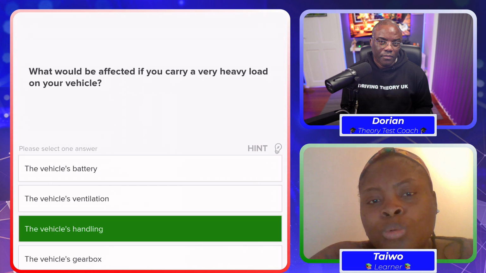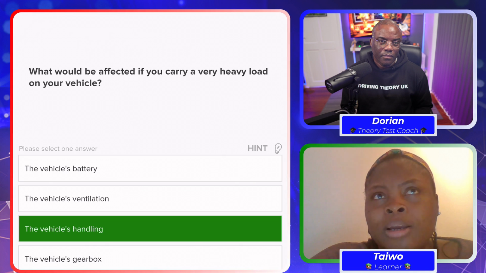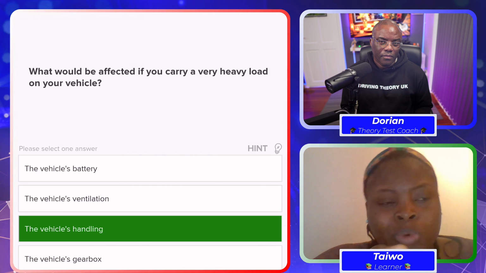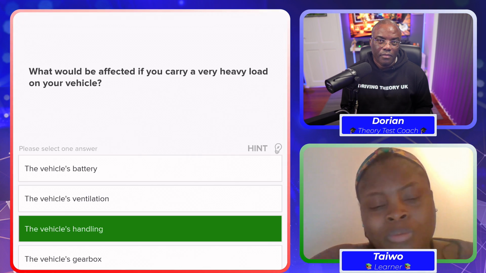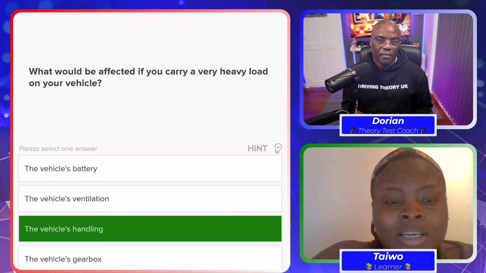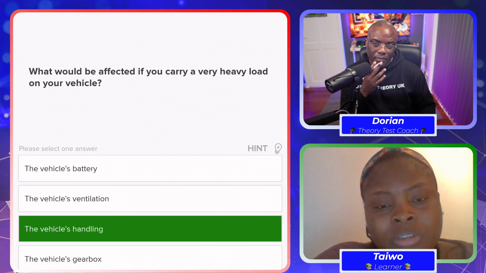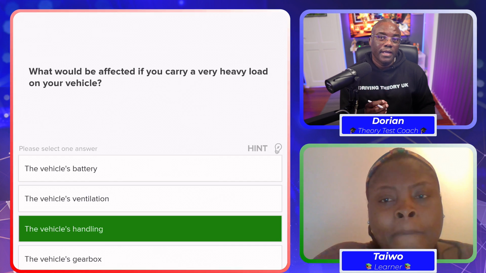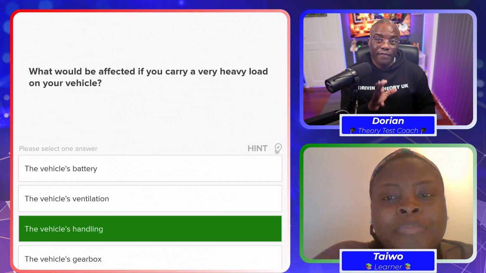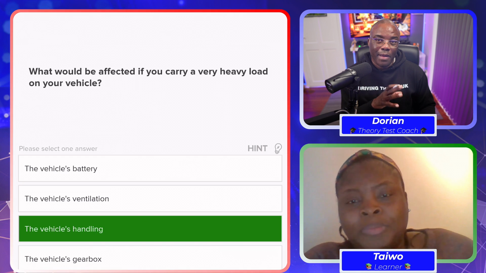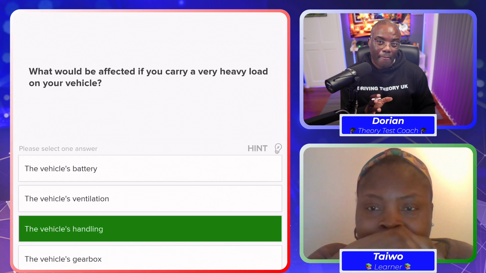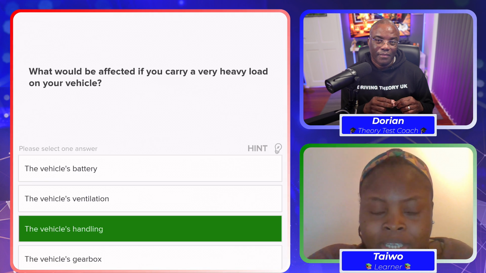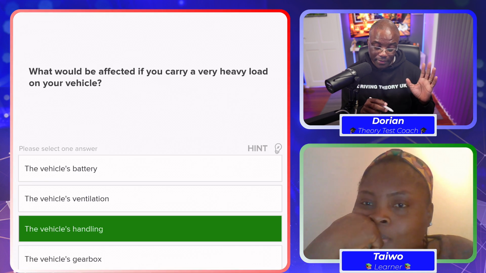If I had to put a heavy load in the car, I'm thinking it has to do with the way I'm going to control the vehicle. So it's obviously the handling. I don't think it has anything to do with the gearbox. Okay, the answer's right. There's nothing wrong. It's just that you said you'd got a question before and were trying to remember how you answered. That's the same way I was thinking about it. That's fine, there's nothing wrong with that.